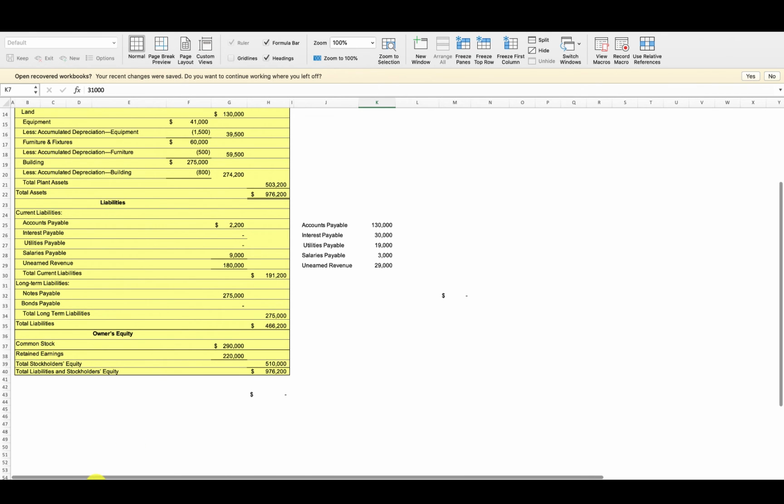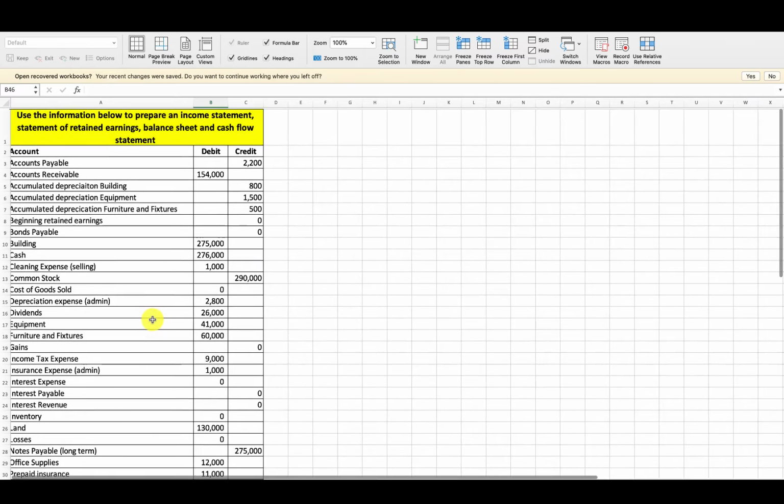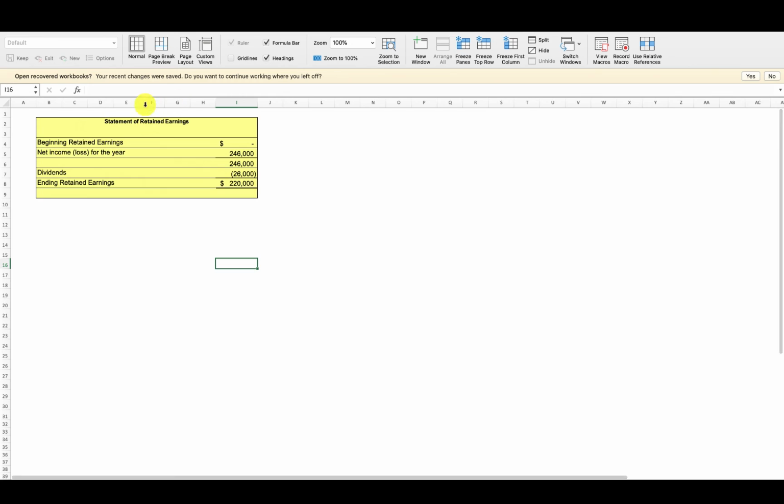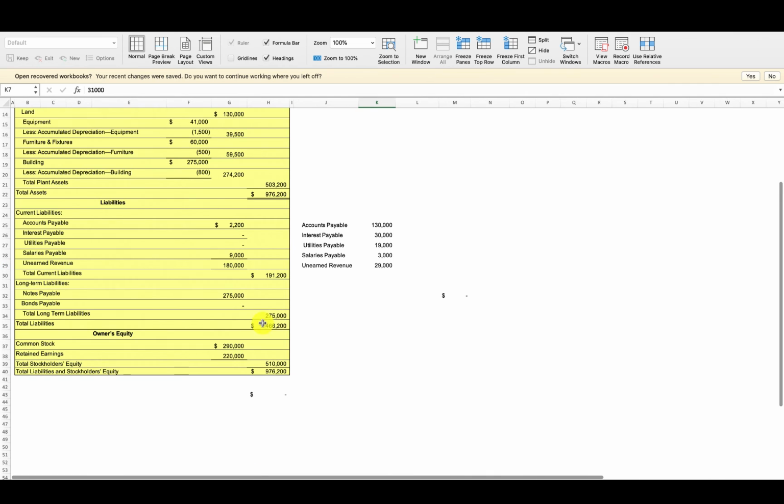I do not get that from the trial balance, right? If I get it from the trial balance, it's going to be off. I go to my retained earnings statement that I just created, the 220,000. My ending retained earnings on the retained earnings statement goes to the retained earnings balance on the owner's equity section of the balance sheet. All right, so now I take my 290 plus my 220, that gives me 510,000. That's my total stockholders' equity.